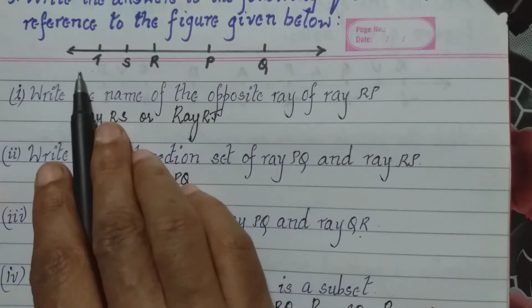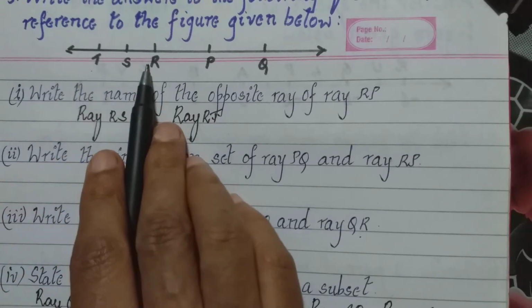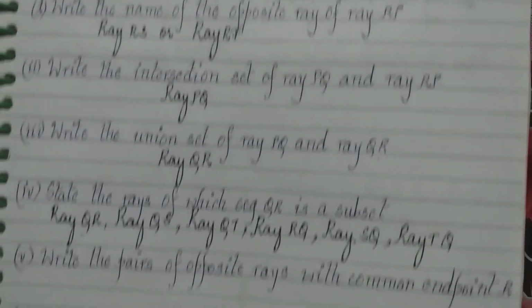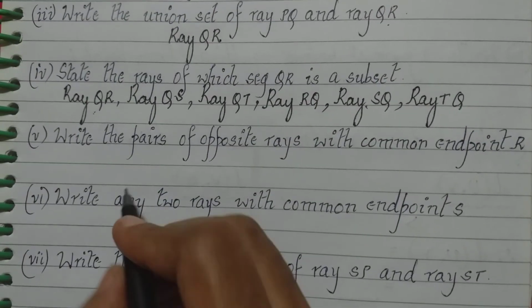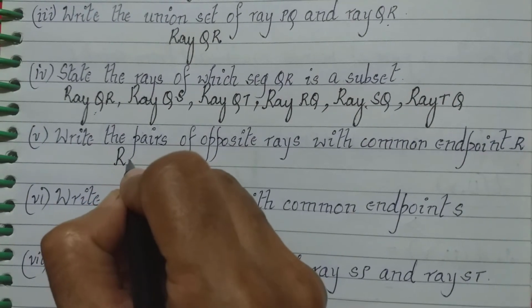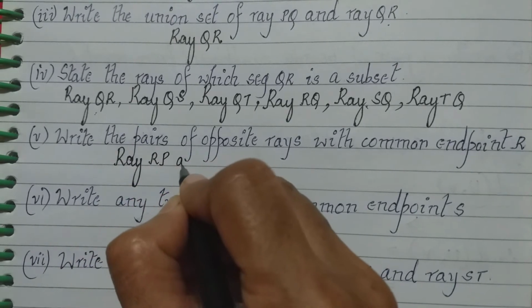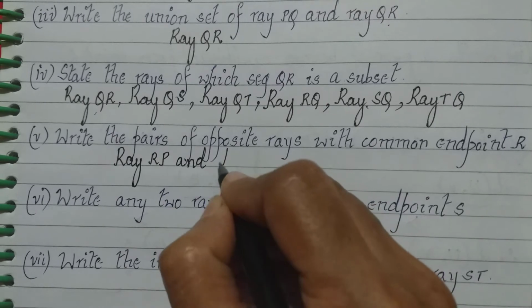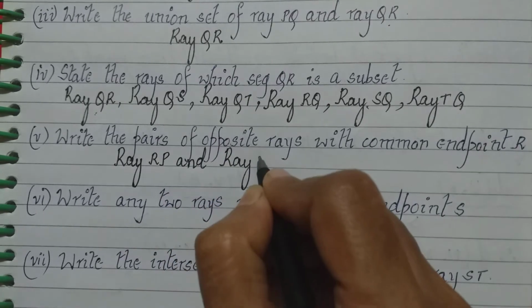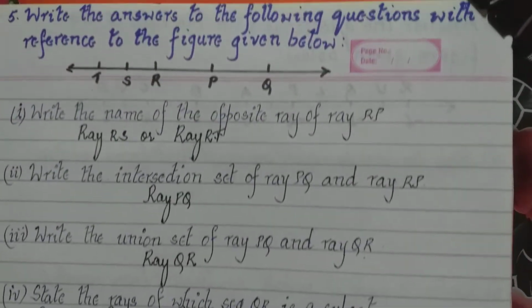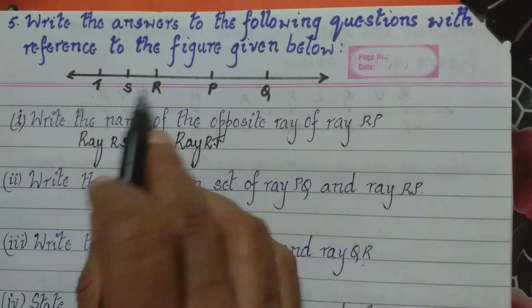RS or RT is going towards the opposite side. So I can say ray RP and ray RS.